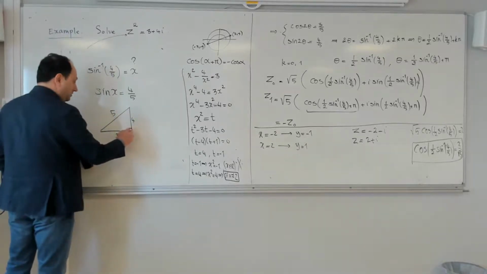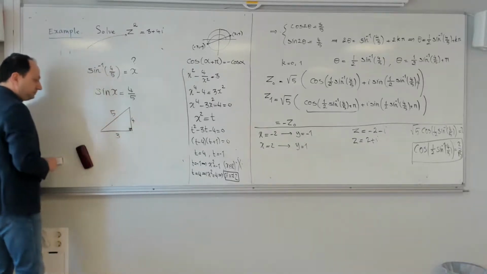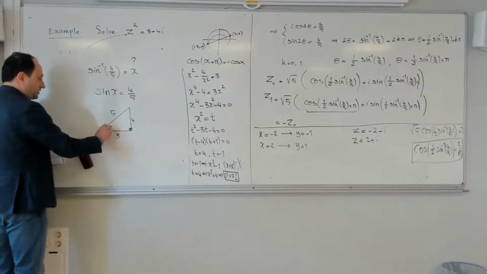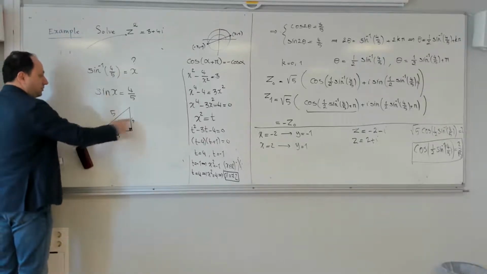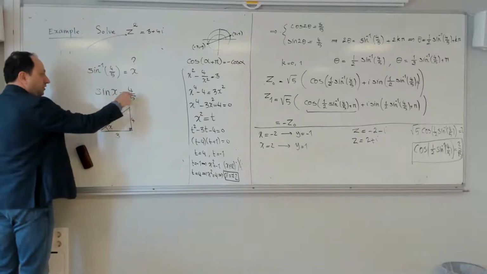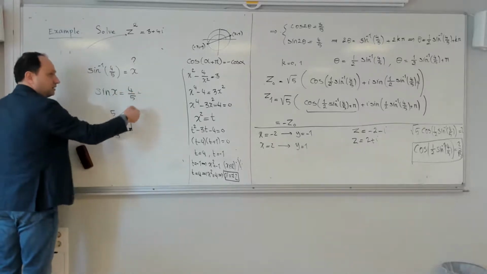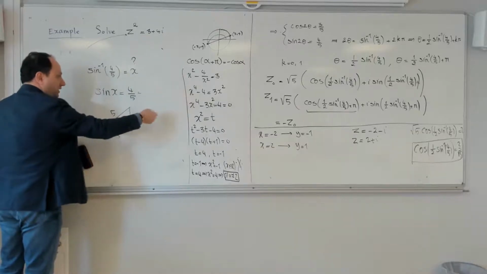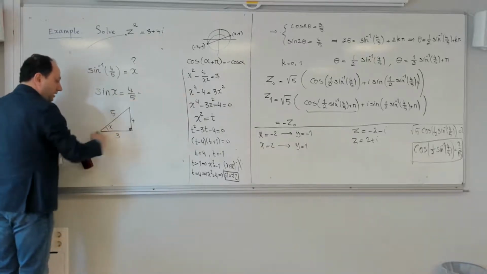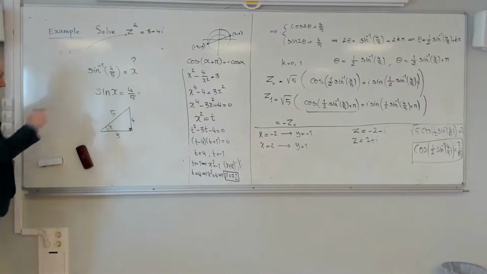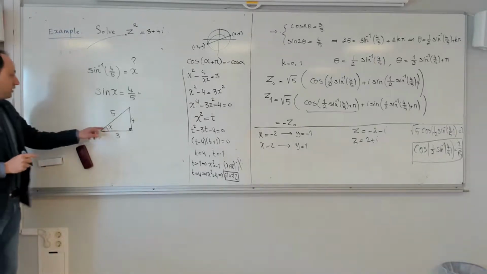If that's a right angle triangle. And this is your x. Because sine is the opposite side divided by the hypotenuse, and this is 4 over 5. Of course, it might be 8 over 10. It might be, I don't know, 16 over 20, but at least one of them can be considered in this simple picture. So do you agree?